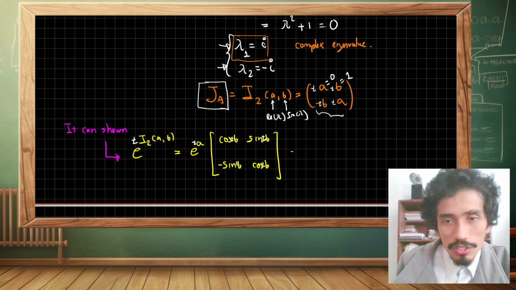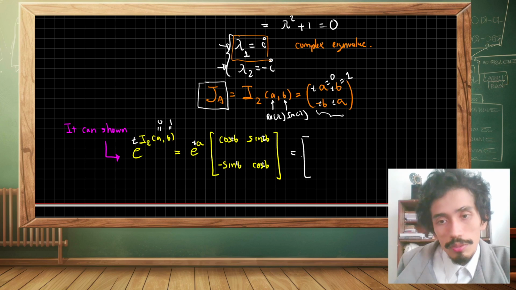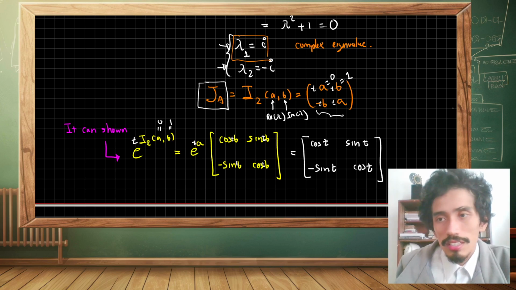So we go and replace a by 0 and b by 1, and you will have the exponential of 0, which is 1. So this will be equal to a matrix of cosine of t, sine of t, minus sine of t, and cosine of t. So this is a matrix.